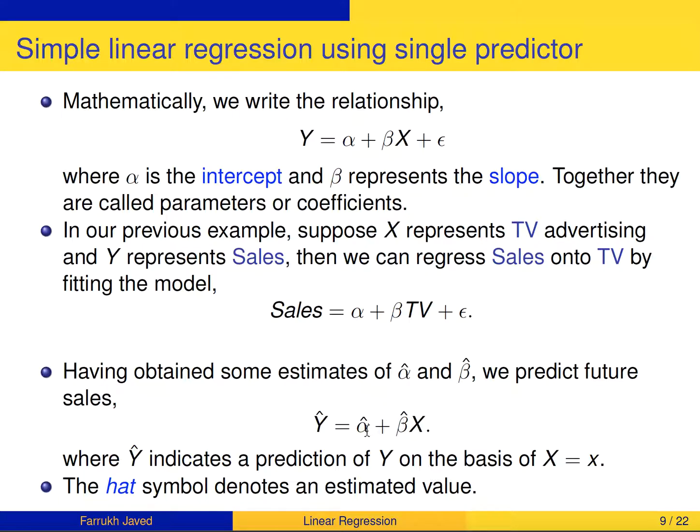And then once we know alpha hat and beta hat, we can predict y hat. We can predict sales, right? By just specifying some values for X, some values for the TV budget, we can immediately know what the sales will be if I spend that much on TV.